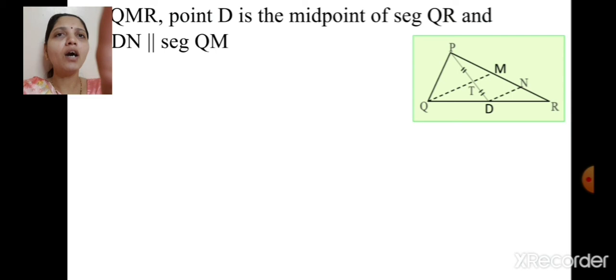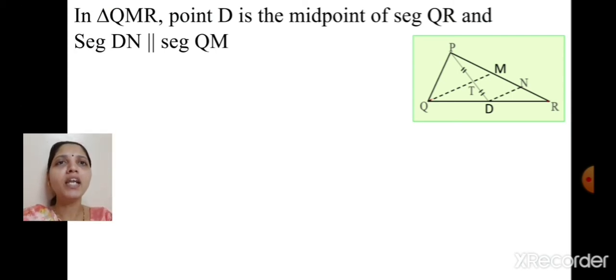Okay. Now you have to consider triangle QMR. In this triangle what you can say, point D is the midpoint of seg QR, and we know that seg DN is parallel to seg QM. Okay.